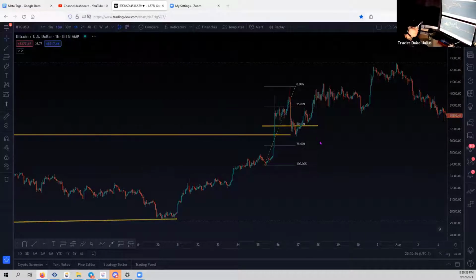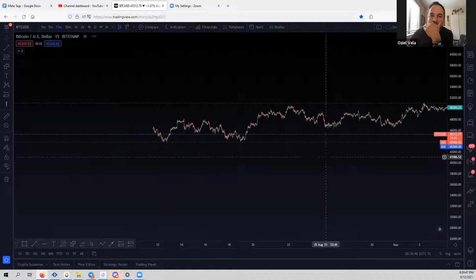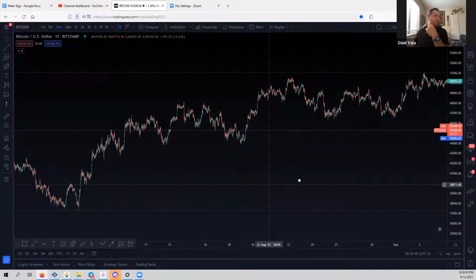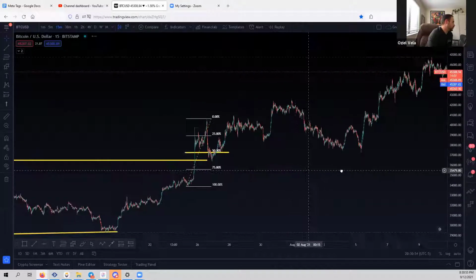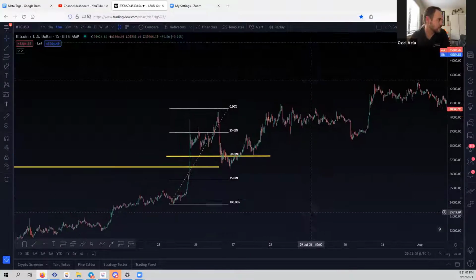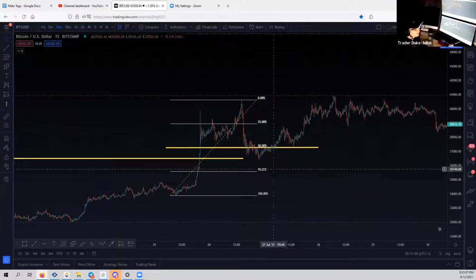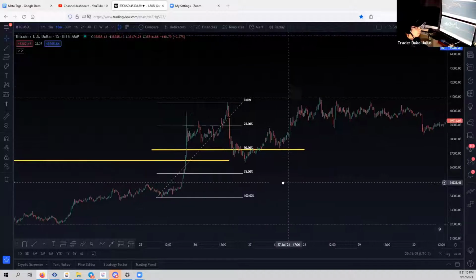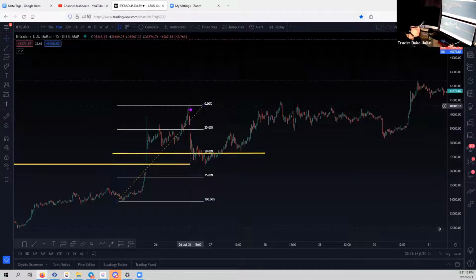So here is the 1 hour. Let's go to the 15 minute. All right, so let's take a look here. On the higher time frames, we're going to be looking at the major structures, right?